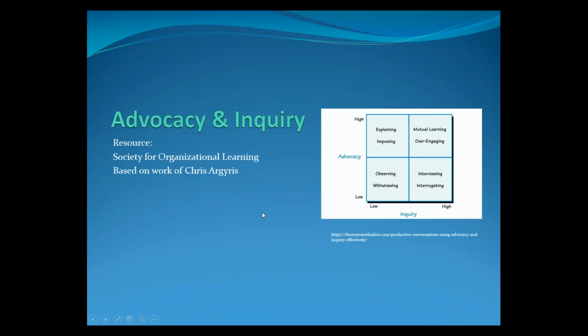Okay, now moving on, I'm going to talk some about this process of advocacy and inquiry. And if you just Google those two words, you'll find a lot of helpful articles about this.